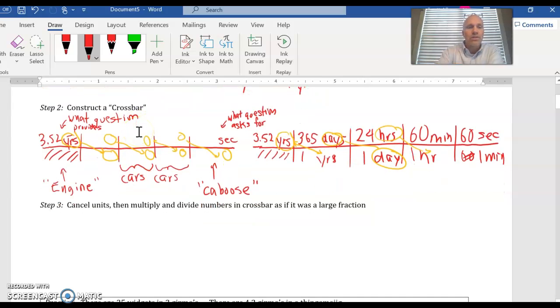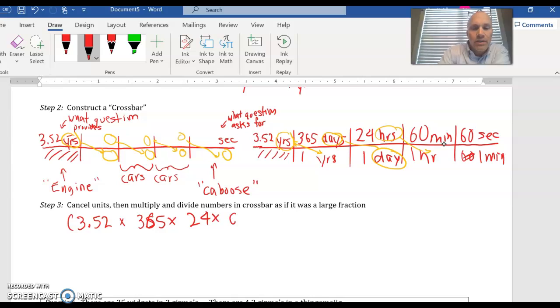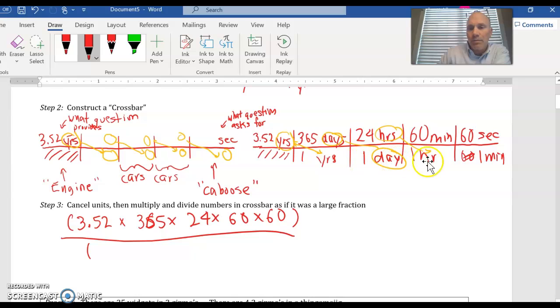Pretend that this crossbar is nothing but one large fraction, where on top we have 3.52 times 365 times 24 times 60 times 60, divided by, and notice that all the numbers in the bottom are ones.